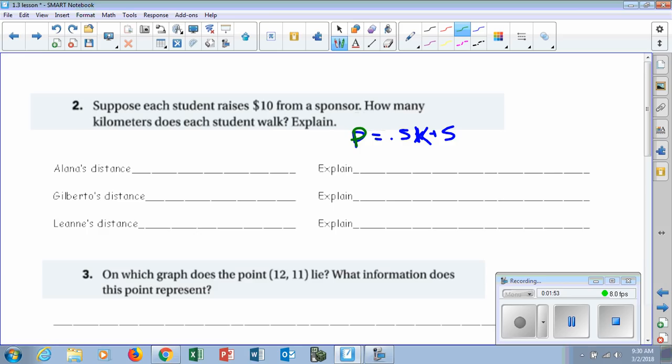So if they said that they raised $10, let's plug our 10 in for our P. Now I can simplify because K means the kilometers, which is our distance. And that's what we want to find for Elena. So I can calculate using this equation. Elena's distance would be 10 kilometers.